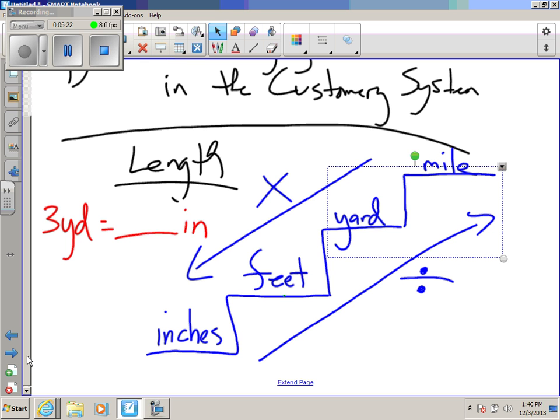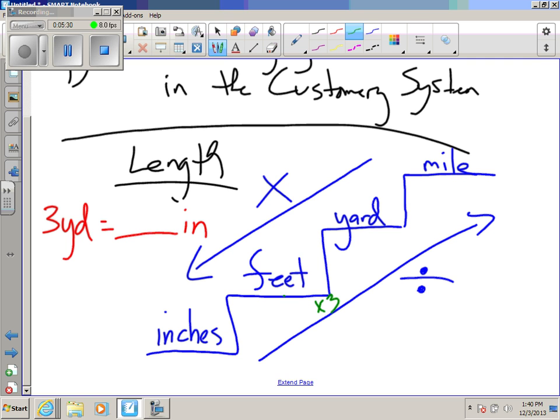Or those of you that are interested in shortcuts might say, you know what? When I go from yards to feet, I know that there's 3 feet in a yard. I also know that there are 12 inches in a foot. 12 times the 3, 36. So if I simply multiply this 3 times 36, I'll get my answer.